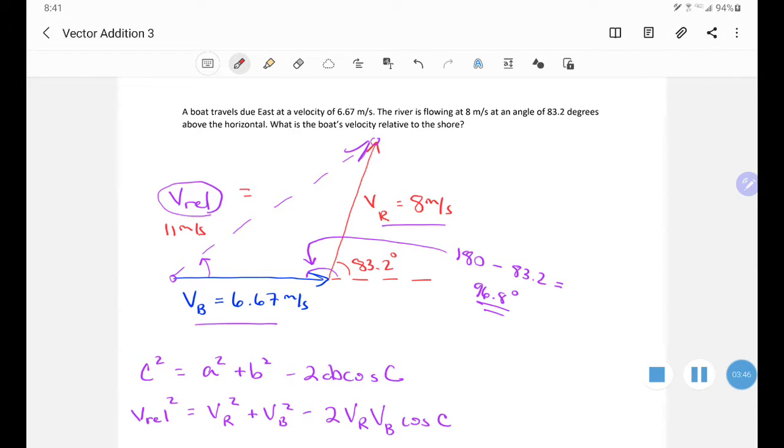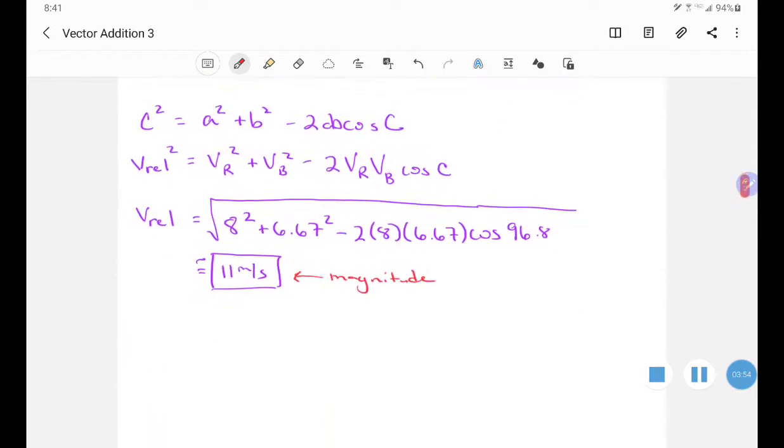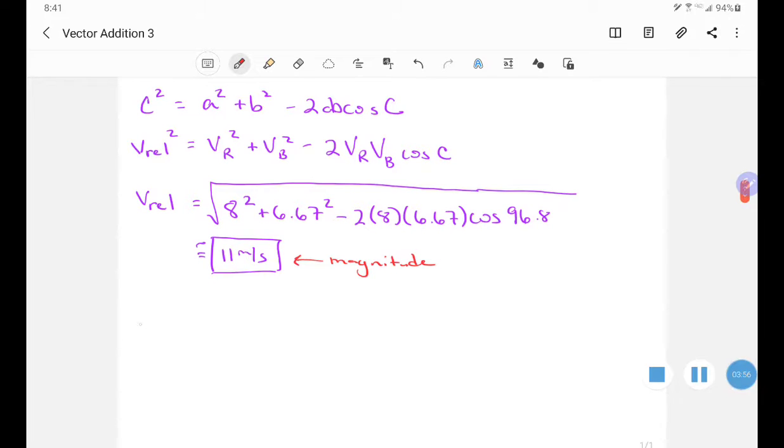So we have all three sides and one angle. We can easily find this angle, which I'll call theta here, using law of sines. So law of sines is sine A over A equals sine B over B equals sine C over C.